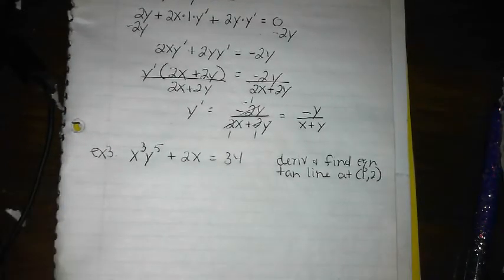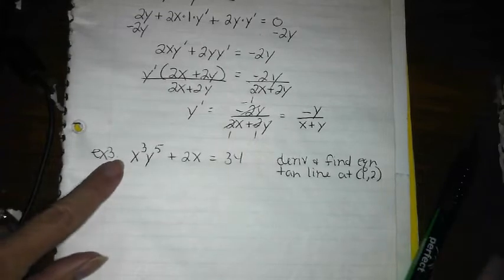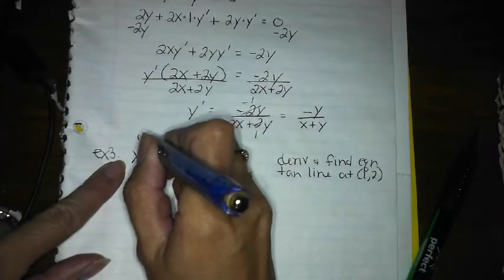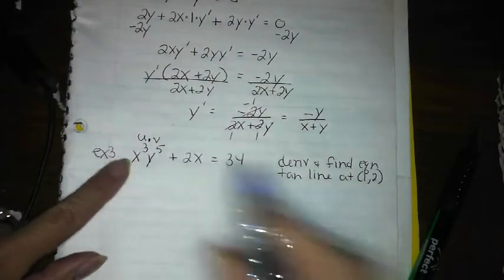So, again, just like example 2, you got to pick up on the fact that this is a product rule here because there's two variables multiplied together. So, product rule.